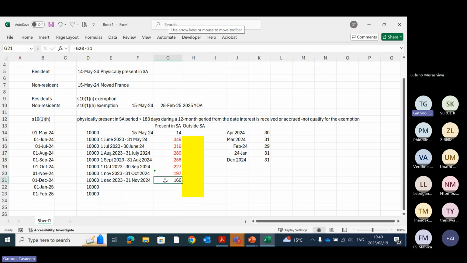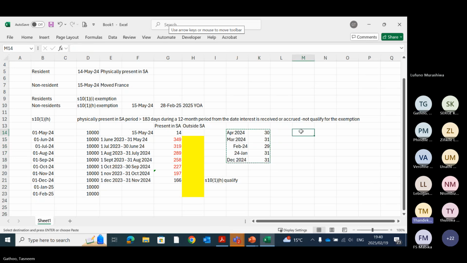But from the 1st of December, she was not physically present in South Africa for more than 183 days. So therefore, she can now qualify for the Section 10(1)(h) exemption. But before this, she didn't qualify.